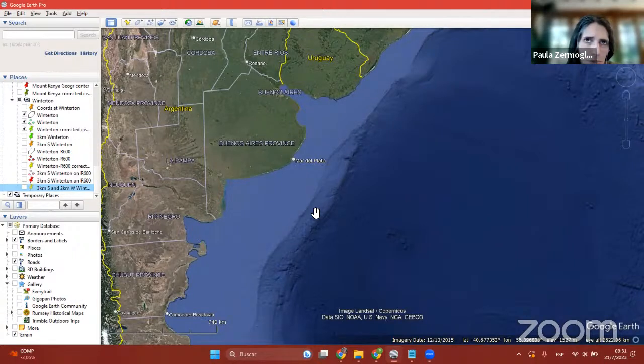A better way to represent a circle or a polygon is to provide all the points that make up that polygon. You would end up with a series of coordinates that define each of those points and allow you to draw the polygon when you join those points. But if you're not going to represent it like that, with all of its points, you will have to provide the corrected center.